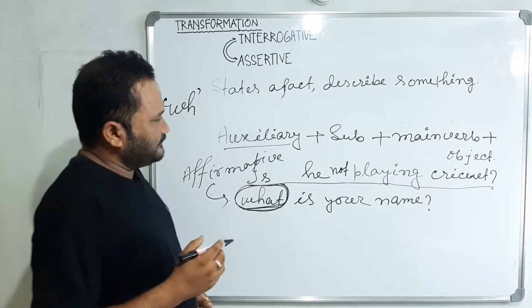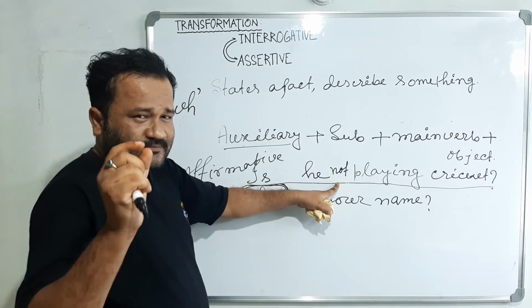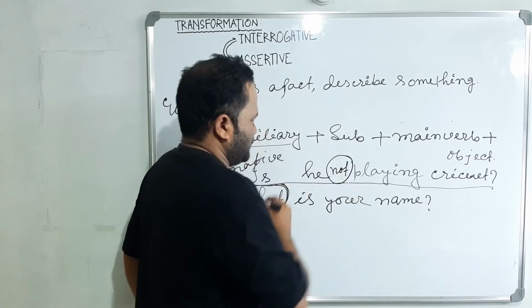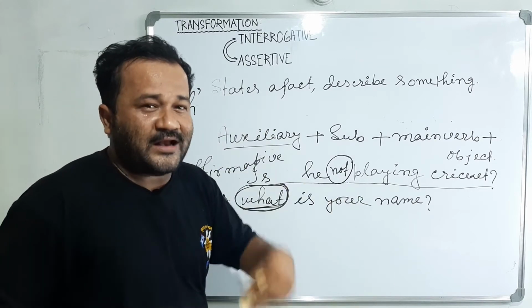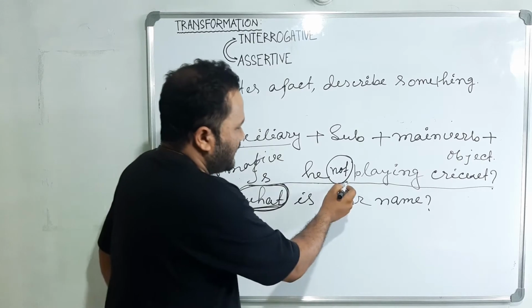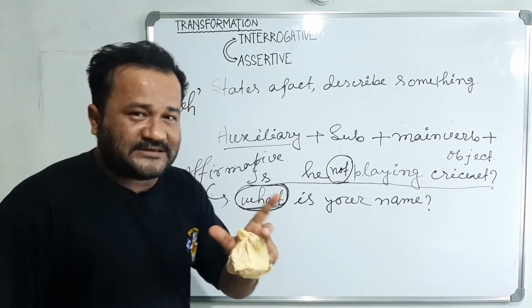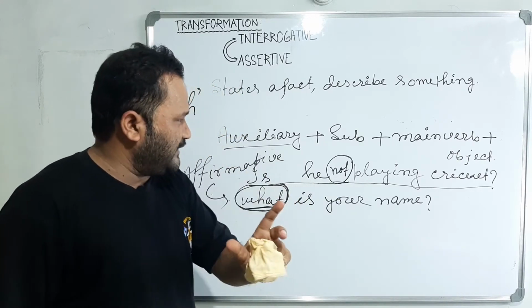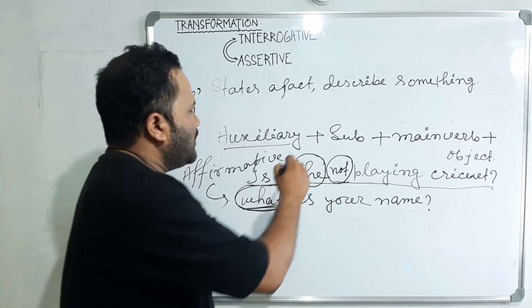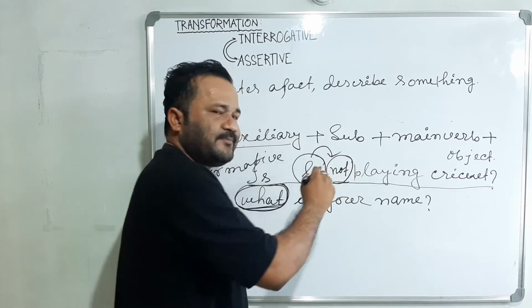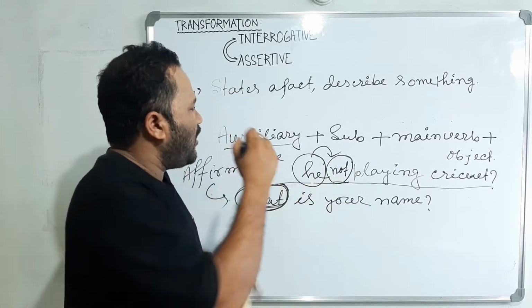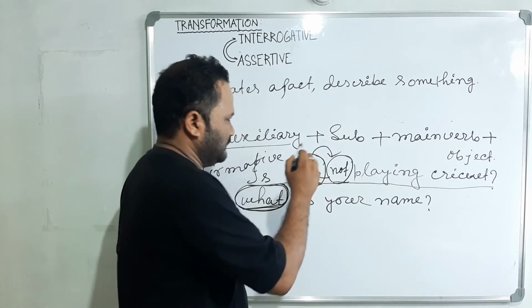Now mind it, just a note, where to place not in a question. Always remember, if the subject is a pronoun, the not is placed always after the subject, always after the pronoun.